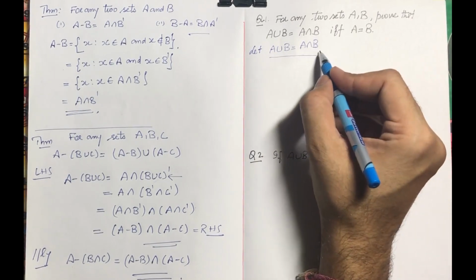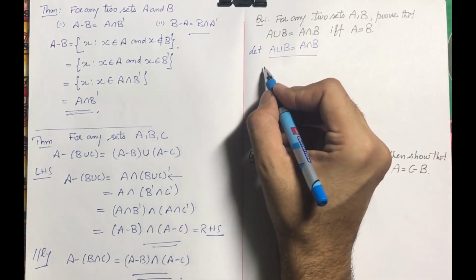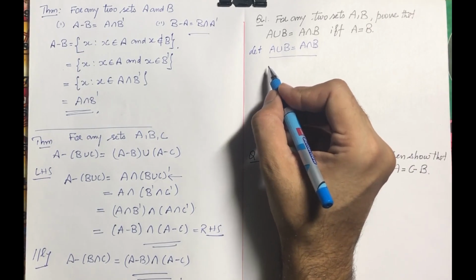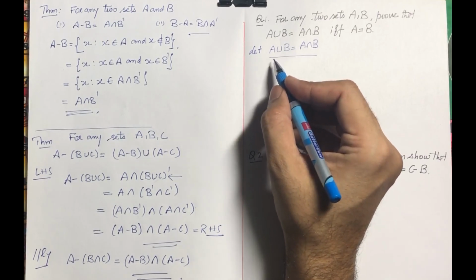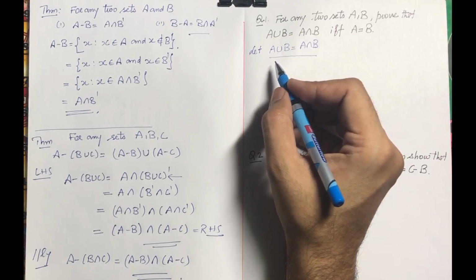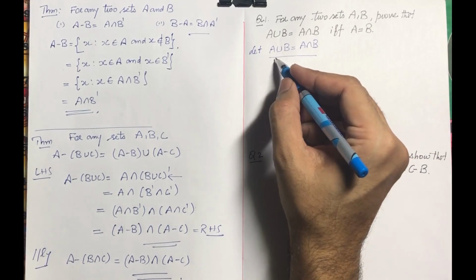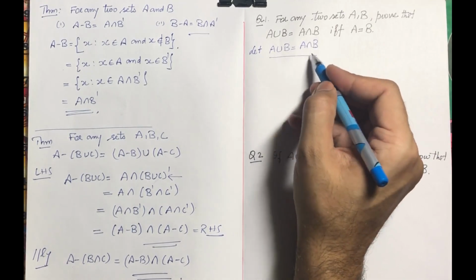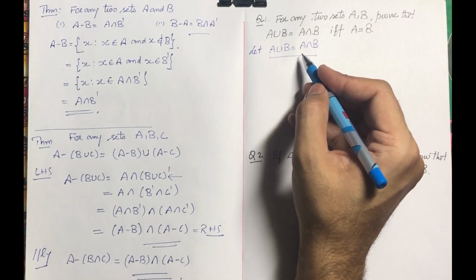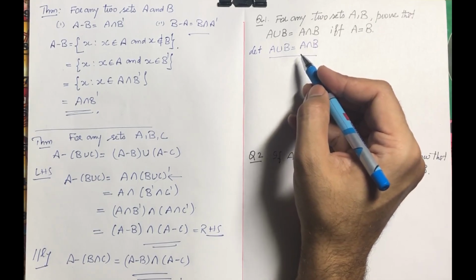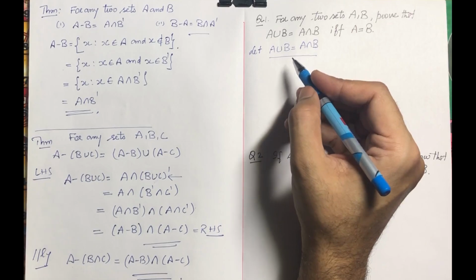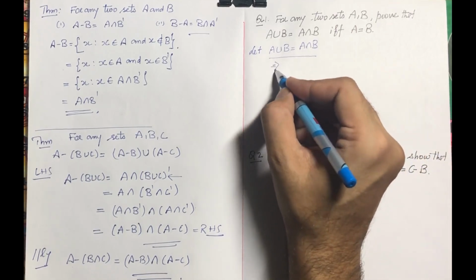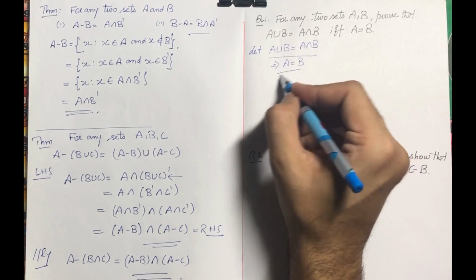Intersection A intersection B contains the common elements of A and B. And union contains elements of A, B and both, as well as common elements. But here the union contains only the common elements, means the sets whose union we are taking have common elements. All the elements are common, which implies A is equal to B.